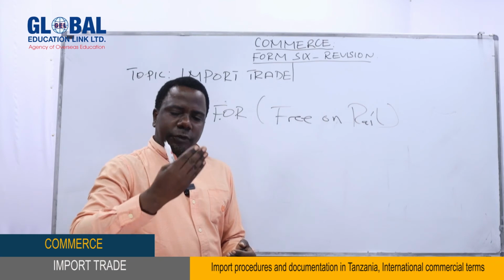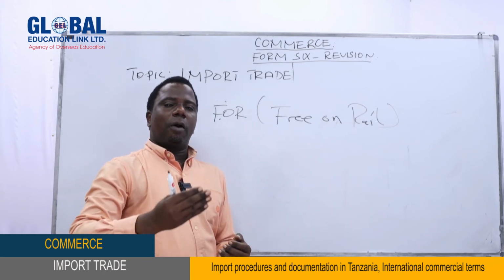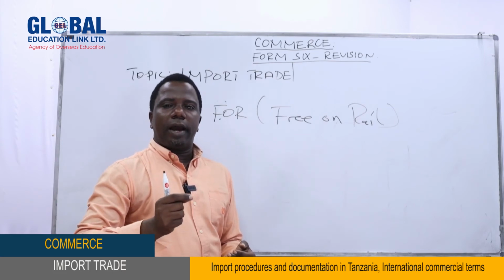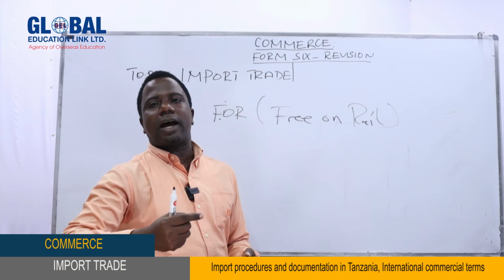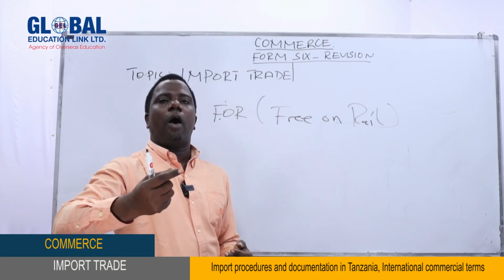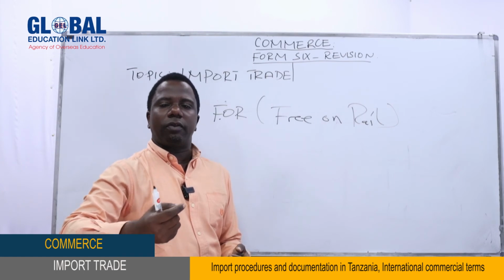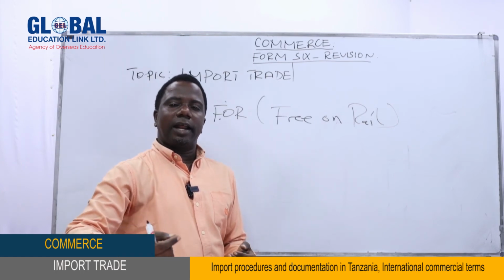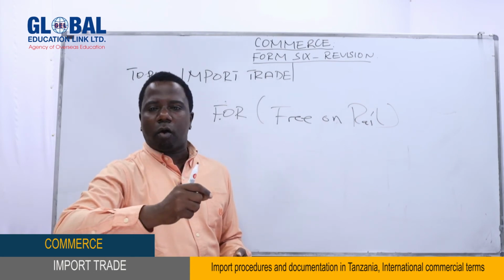So an exporter should incur all those costs from the factory to the railway station. From there, an importer should incur other costs, like taking those goods to the port, loading, transportation costs, and other costs.